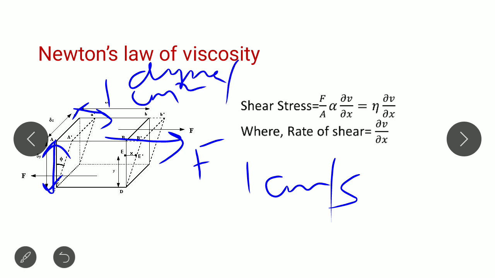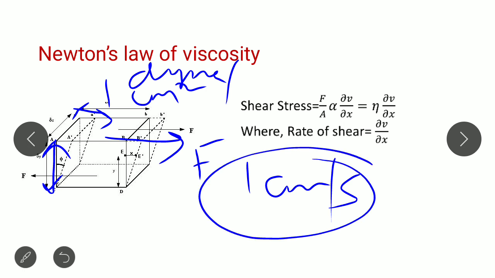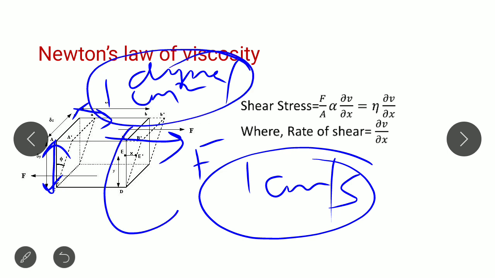The shear stress which is being used to produce a deformation of 1 centimeter per second is 1 dyne per centimeter square. If this is the case, then the viscosity will be the tangential force required per unit area in dyne per centimeter square to maintain a velocity difference of 1 centimeter per second between these two parallel layers of liquid that are 1 centimeter apart. Fine. So this is the definition of viscosity.